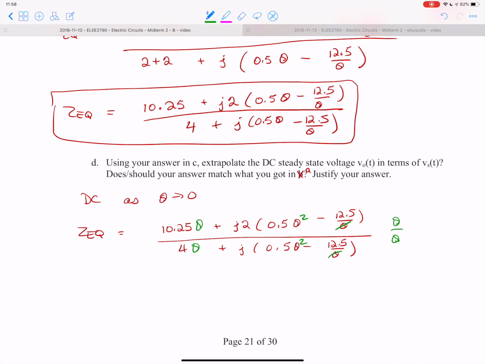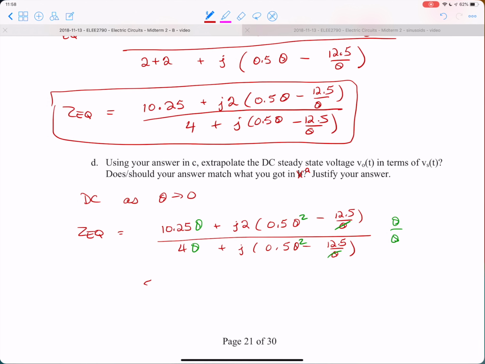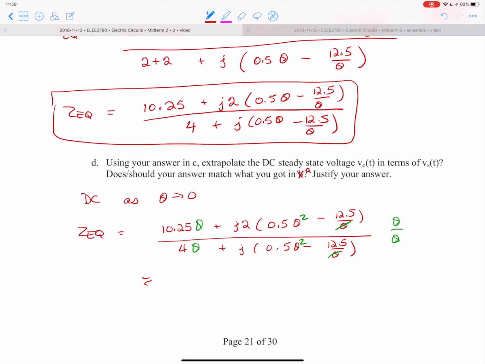What we're left with when we've done that is simply the part that doesn't have any thetas next to it. We have J2 times negative 12.5 divided by J times negative 12.5. The negatives cancel, the J's cancel, the 12.5's cancel, and we're left with the 2. So therefore, ZEQ is equal to 2.